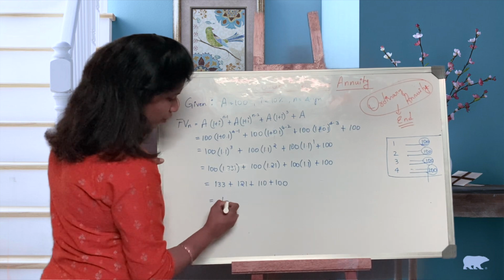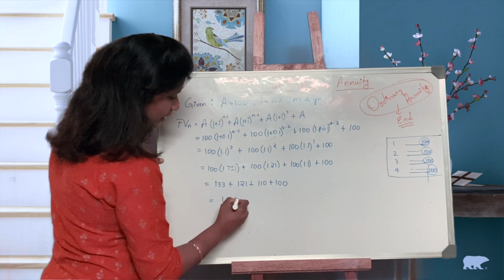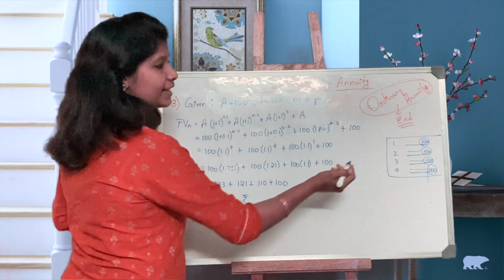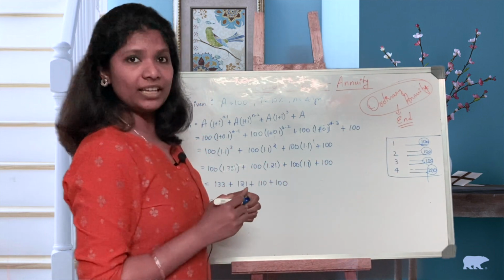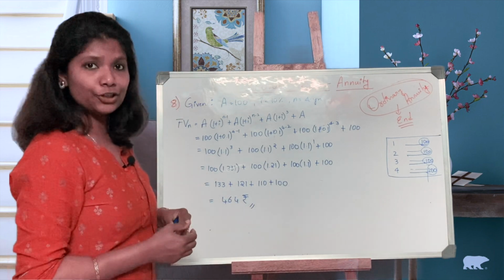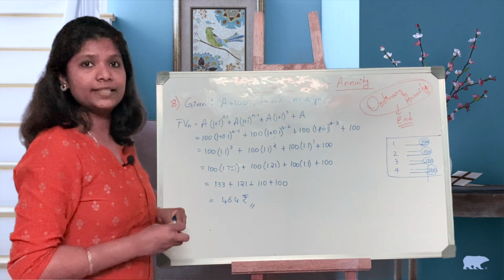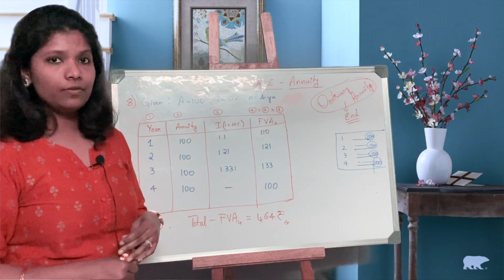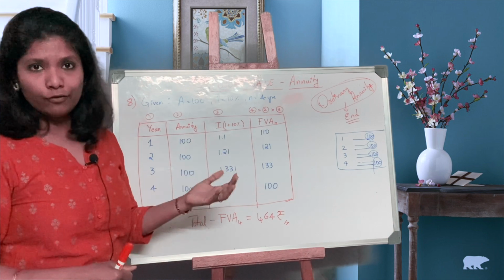So in total you will be getting 464 rupees. So if you're going to start investing now 100 rupees at the end of each year, after 4 years the total amount you'll have in hand is 464 rupees.